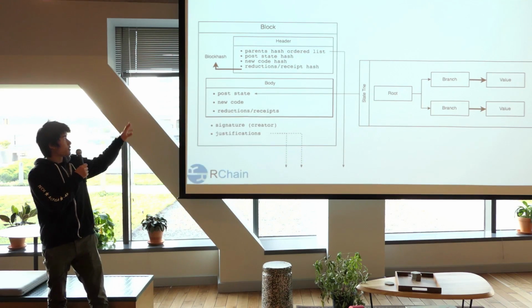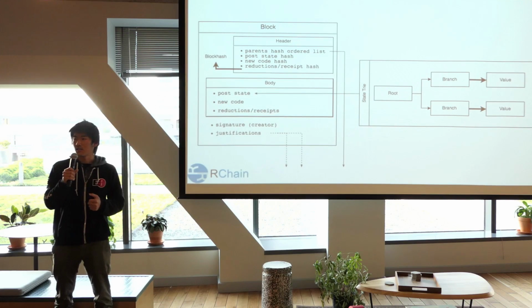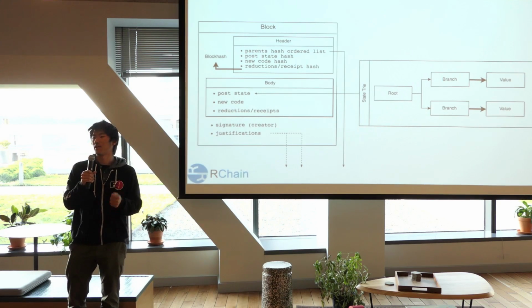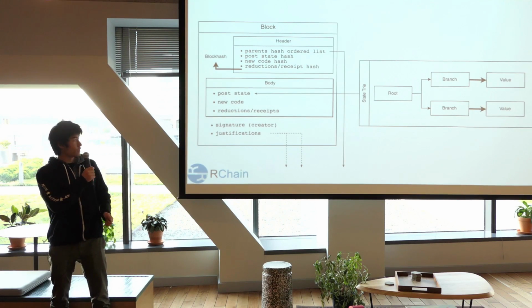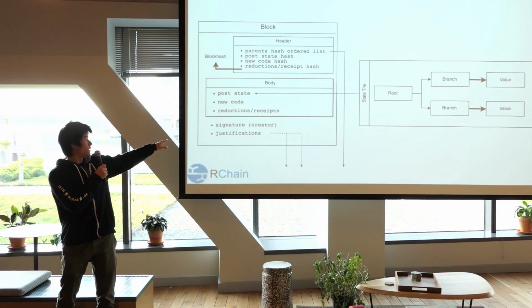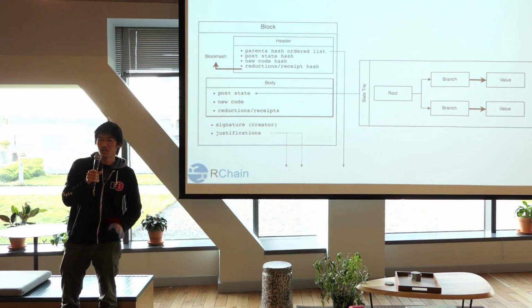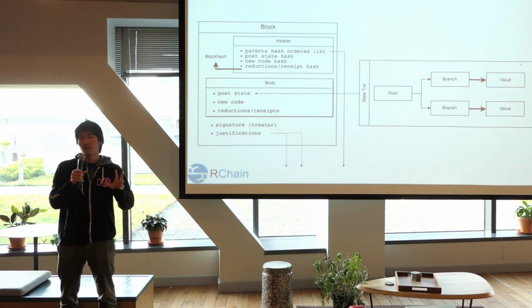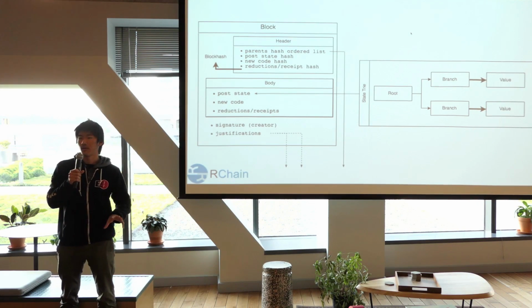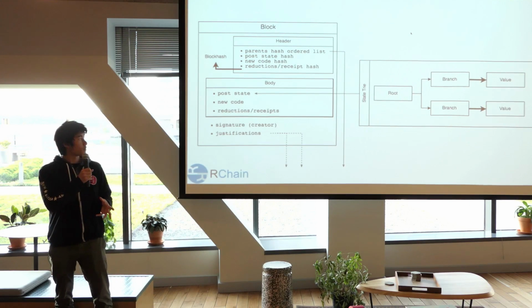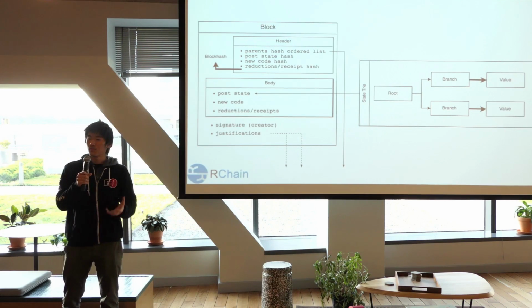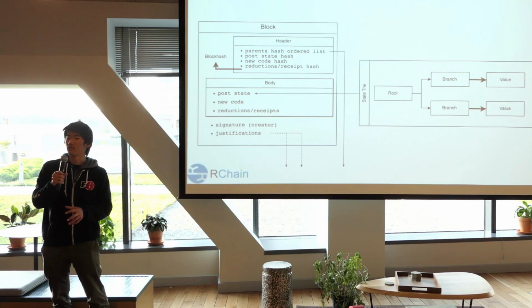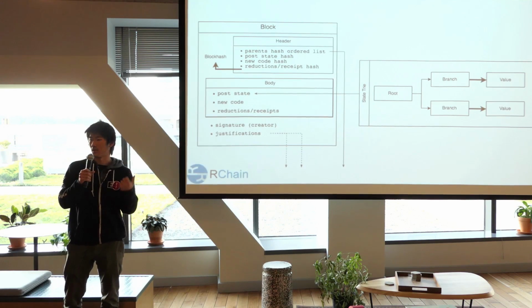Effectively, what I've listed here is almost the same as what Ethereum has. The only difference is actually, I would say, the justifications, which I haven't really explained so far. But this is because we're using a proof of stake model. So in a sense, we're not really improving what Ethereum is doing in terms of how we lay out our block.